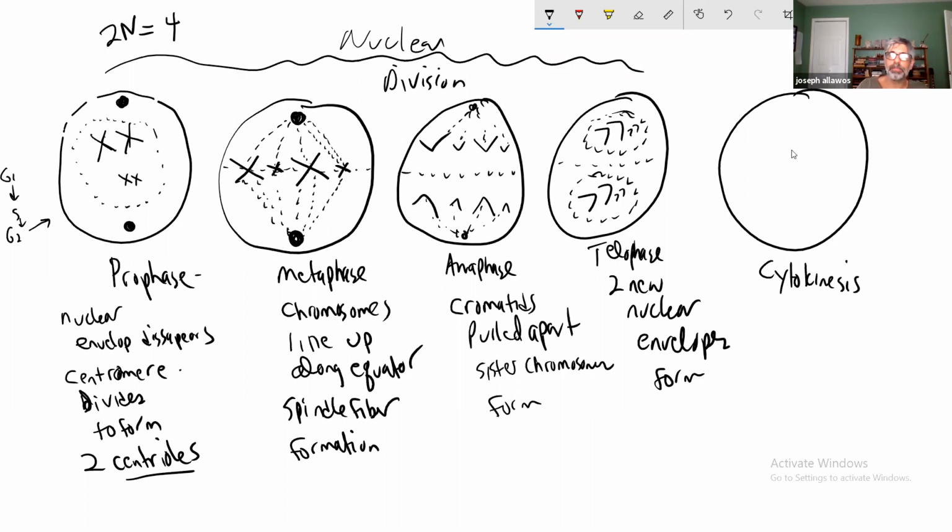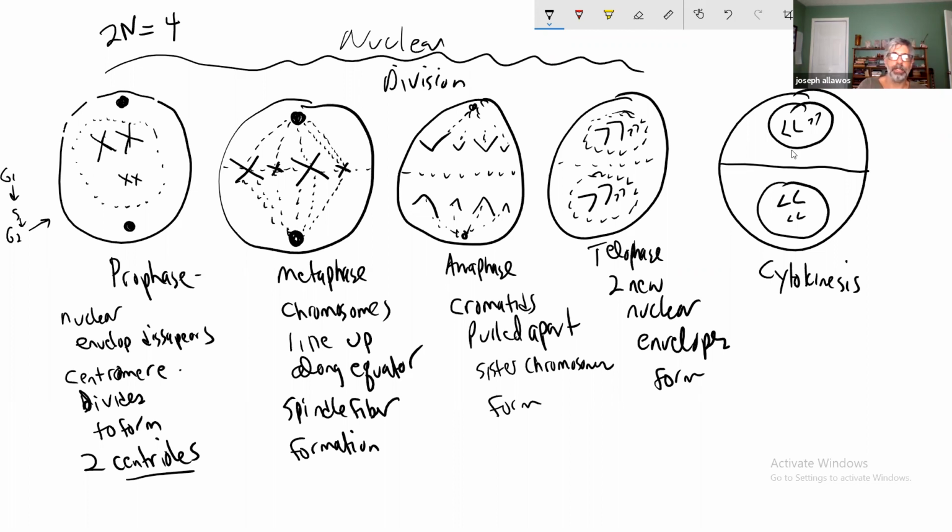Cytokinesis is cytoplasmic division. So really all we have to do in cytokinesis is make a wall or a membrane here. And now look what we have. We have two identical cells. Barring any kind of mutation, they are identical in every way, correct?